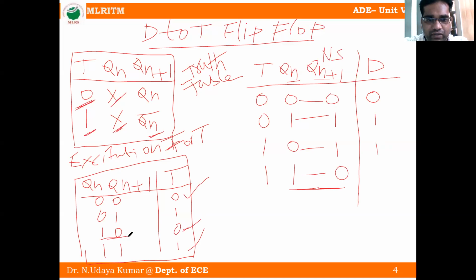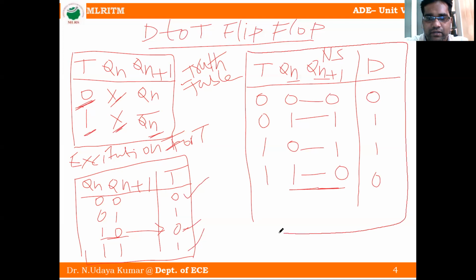So this is the excitation table of D. From this, we will find the expression for D.